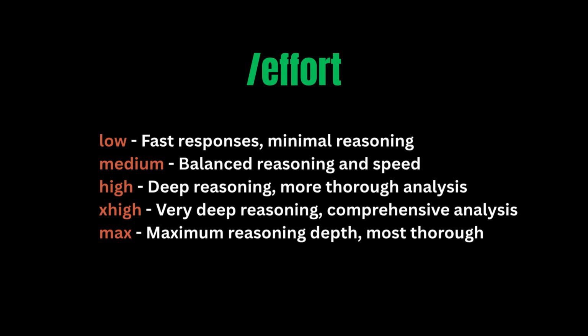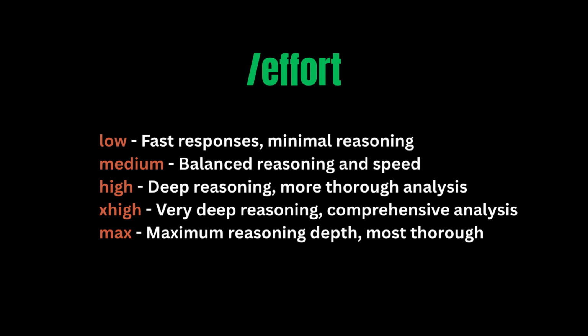Medium is the balanced one for reasoning and speed, so it will have a good speed and good reasoning combination. Then we have high, which will do some more analysis. When it will be doing some changes for you, the effort will be a little bit higher, it will use a little bit higher token, and it will do more thorough analysis.